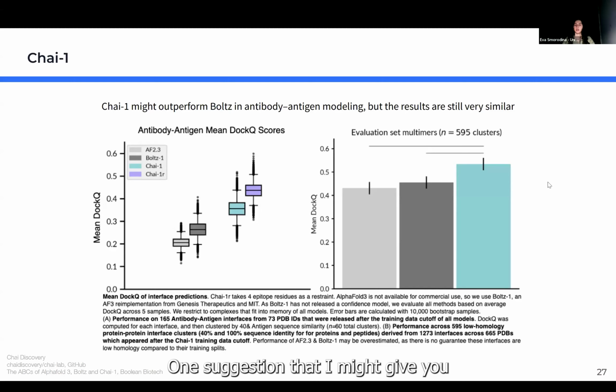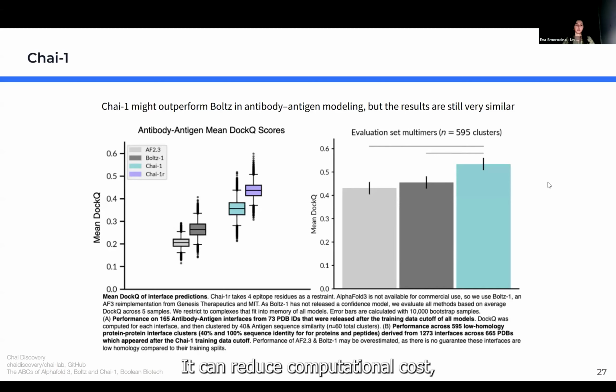One suggestion that I may give you is to try to simplify the system first. For example, many of these complexes might be oligomers or homo-oligomers, which is even better, that consist of similar subunits. Then you can first predict the structure of one subunit and then model them together.